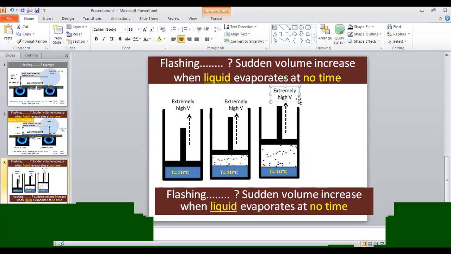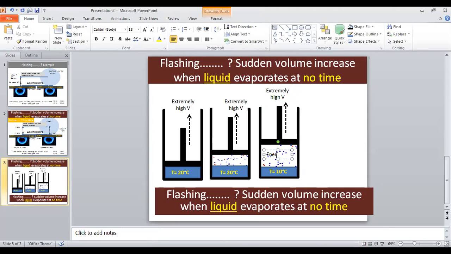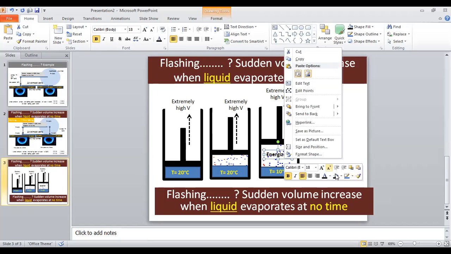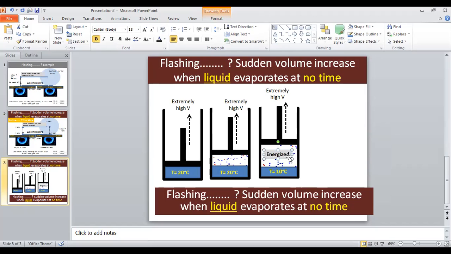Why is the temperature dropping? Because gas means energized, compared to liquid. Somehow energized.